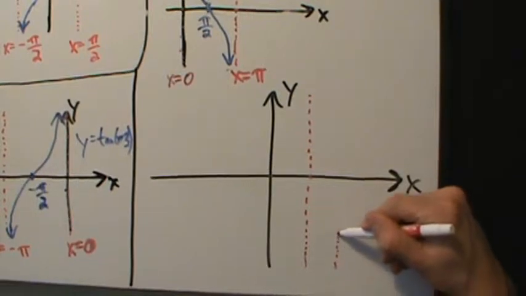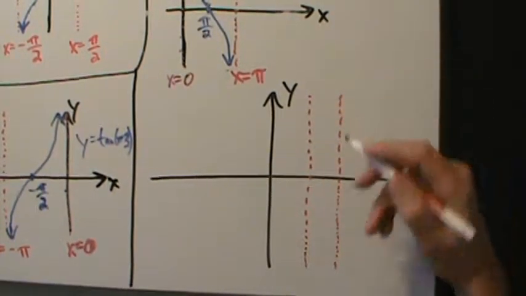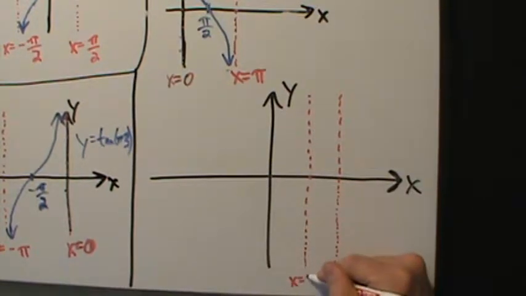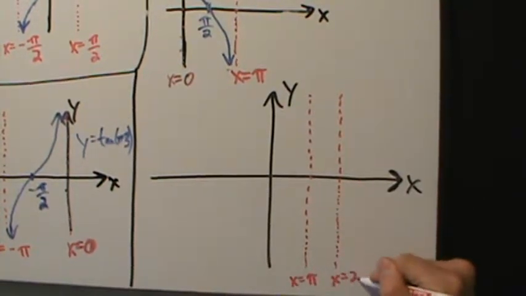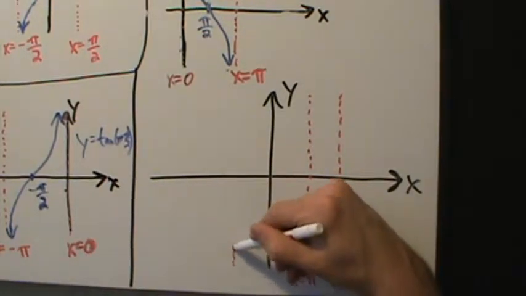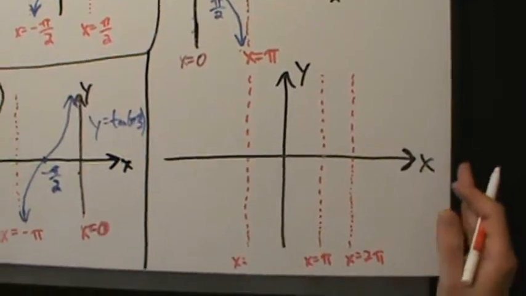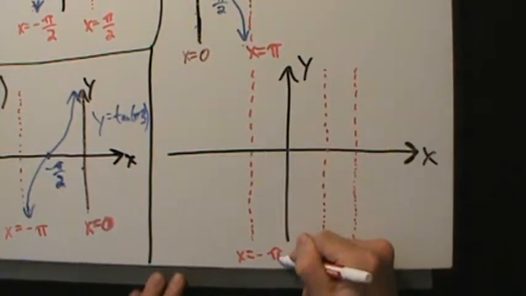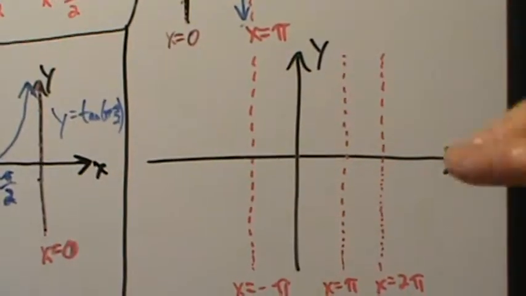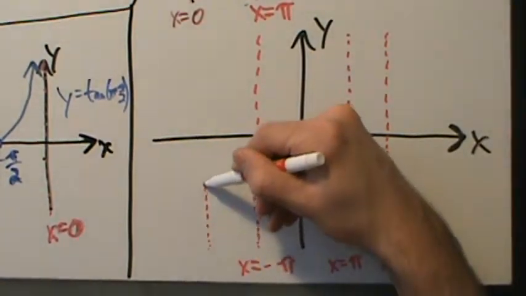Pi, 2 pi. Maybe you should space those out a little more, but it really doesn't matter. So this is x equals pi, this is x equals 2 pi. This right here will be x equals negative pi. Zoom in a tiny bit. And then this right here will be x equals negative 2 pi.